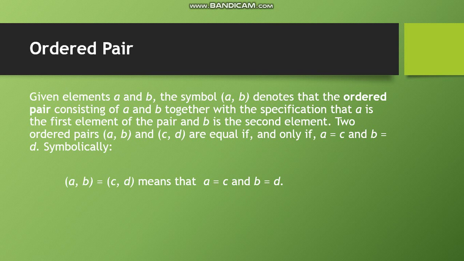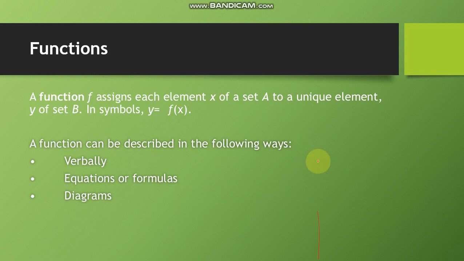Ordered pairs, it is like this. Given elements A and B, the symbol (A, B) denotes the ordered pair consisting of A and B together. So, for example, in the Cartesian plane, sometimes the teacher asks, what is the ordered pair for this point?